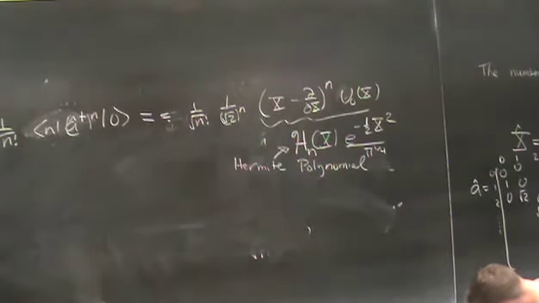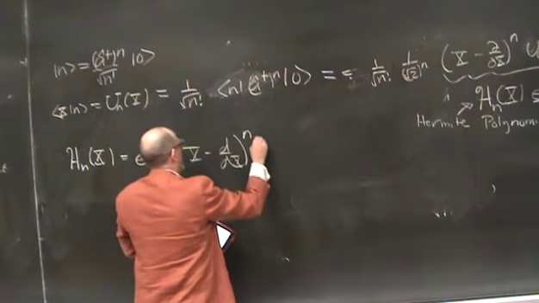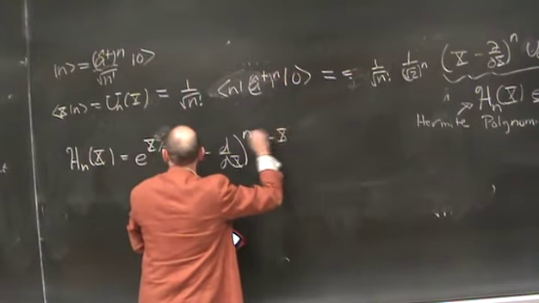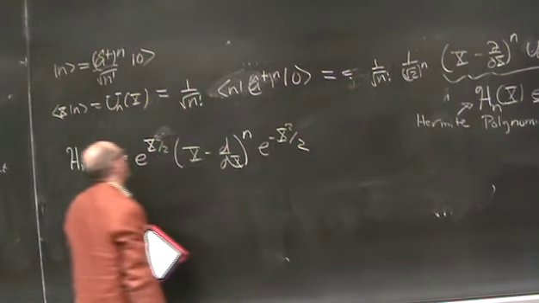And by definition, I could write a Hermite polynomial as what I get when I take this derivative n times on the Gaussian and then get rid of the Gaussian part.